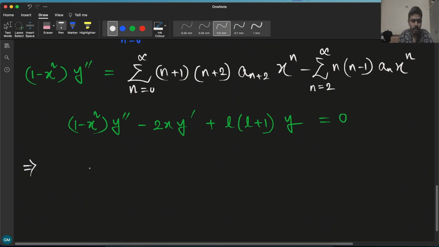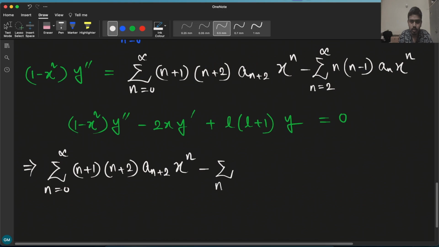If I put in the values, the first term is the sum over n equals 0 to infinity of (n plus 1)(n plus 2) a_(n plus 2) x to the power n, minus the sum over n equals 2 to infinity of n (n minus 1) a_n x to the power n.